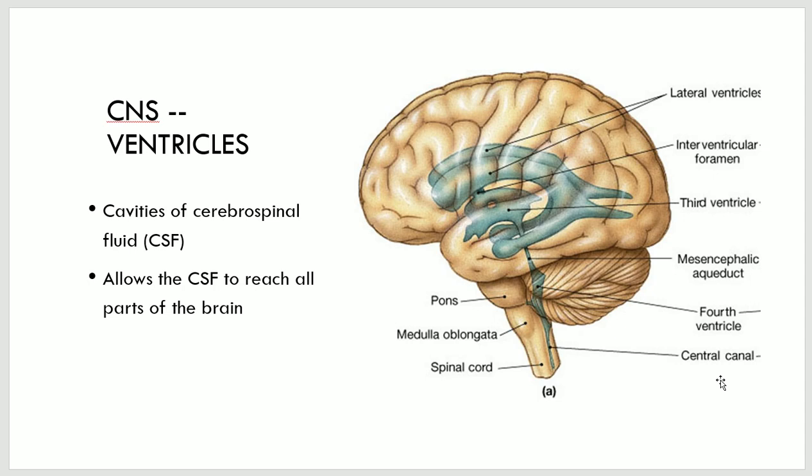It's basically a canal, as you would think a canal would do. It goes right down the middle of the spinal cord, and that's there so that the cerebral spinal fluid, the CSF, can communicate with the inside of the spinal cord and not just the outside. So that's what our ventricles do. They're just cavities of cerebral spinal fluid, and they allow the CSF to reach all parts of the brain.